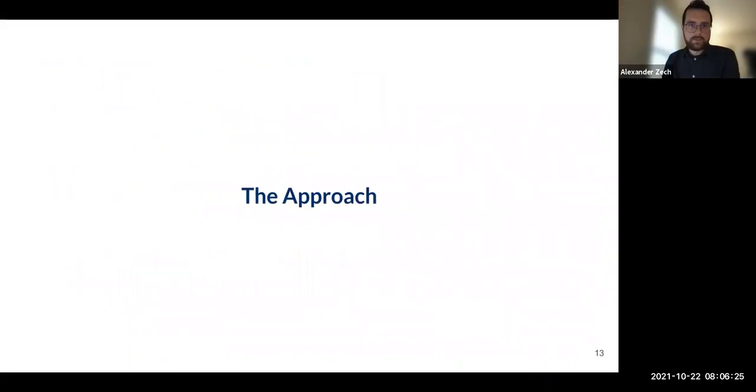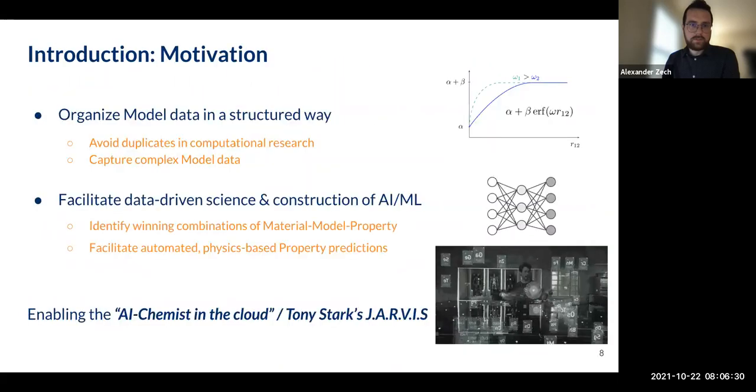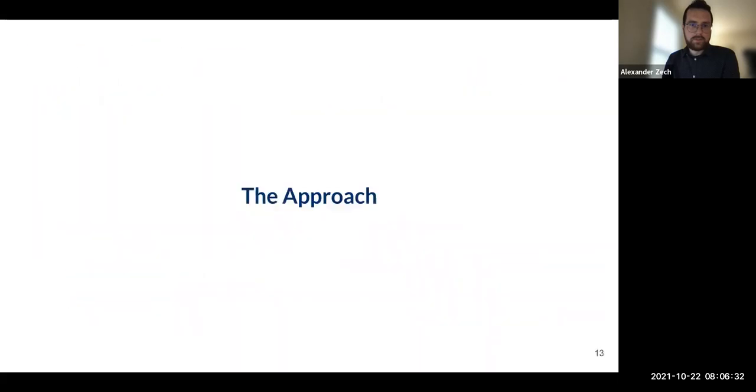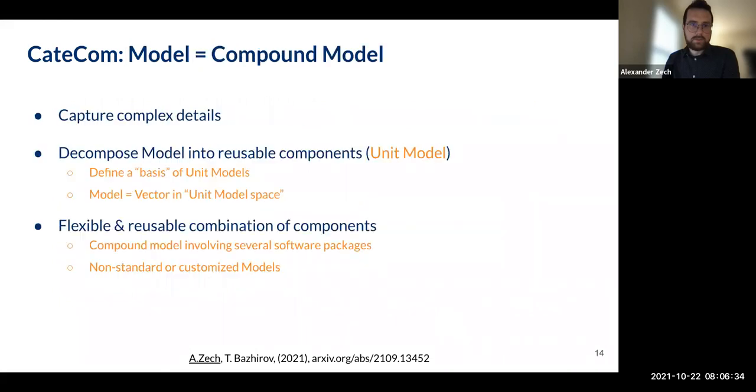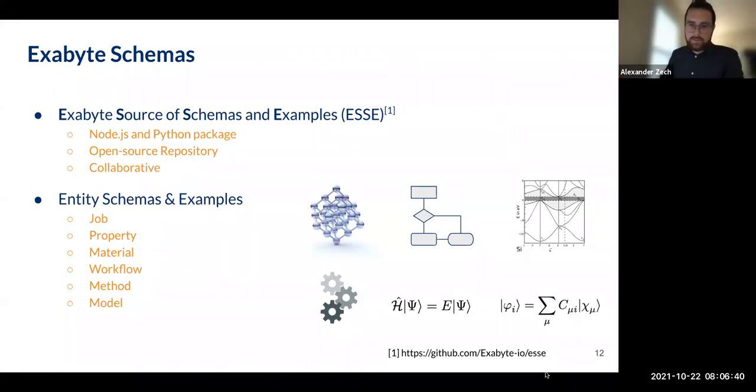Yes, so just go back to the diagram, maybe. As I mentioned earlier, all the schemas are collected in this repository on GitHub. And a contribution could look like the following.